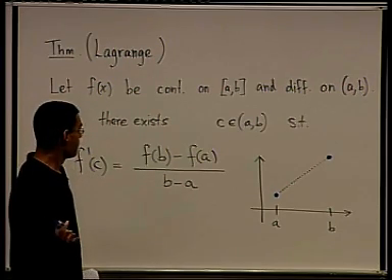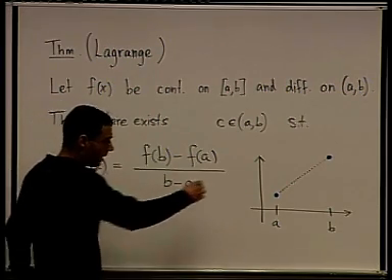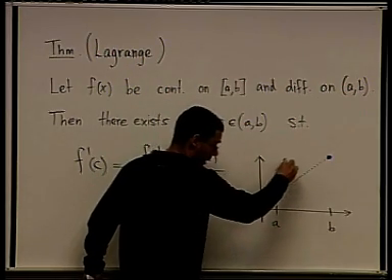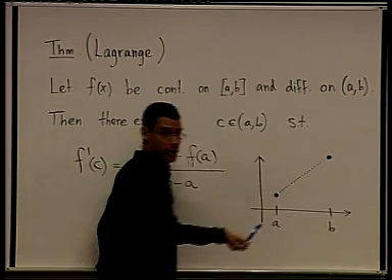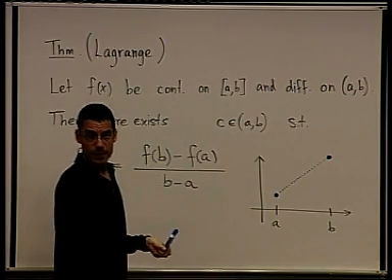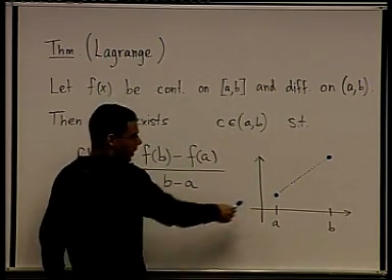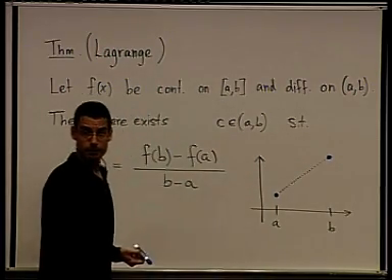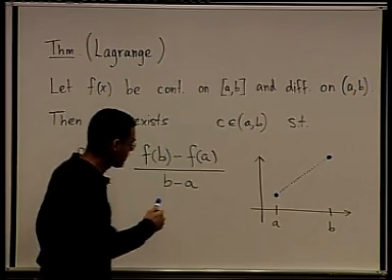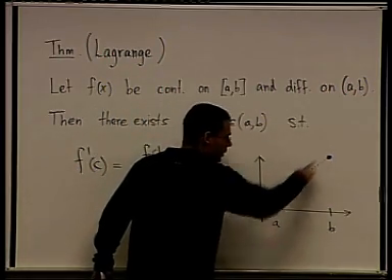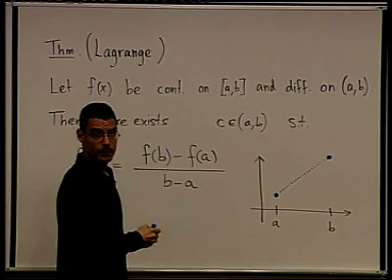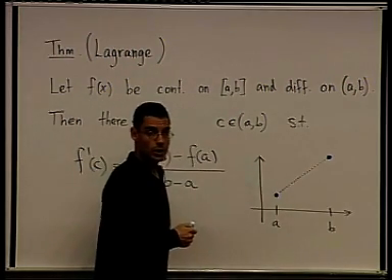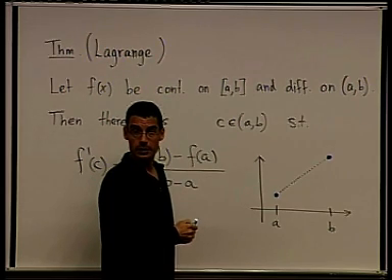Okay, so I know that I'm going to have to somehow get from here to here with no cusps and without lifting the pen off the board. Right? So one option is that the function is just a linear function. In which case, what is the slope of this line? How do you find the slope of a line connecting two points?